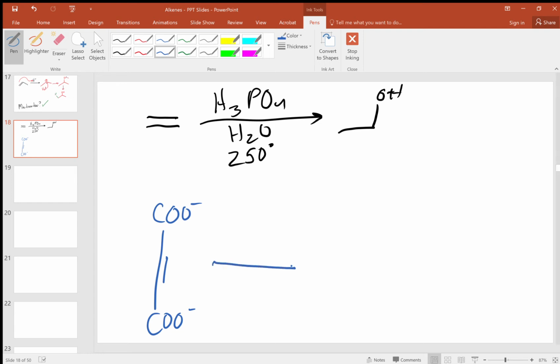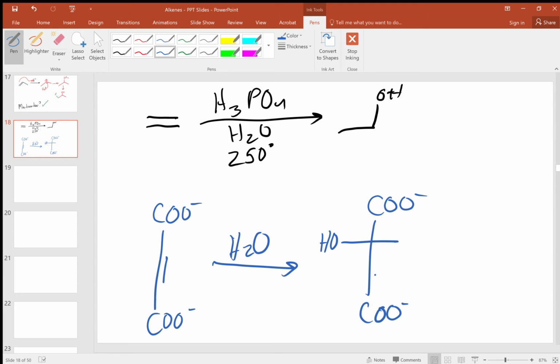But if you add water to this alkene, you get an OH added to one carbon and a hydrogen added to another carbon. What is this reaction? Why is it significant?